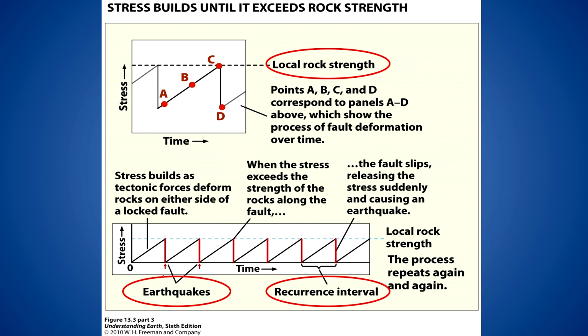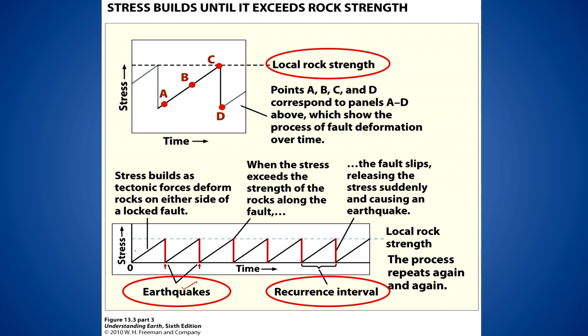So this is the time when the energy has been released, and over this period the energy has been stored, and here is the time when the energy is released, and that is your earthquake. Again, on the same fault the energy will be stored for this much time and then released here.